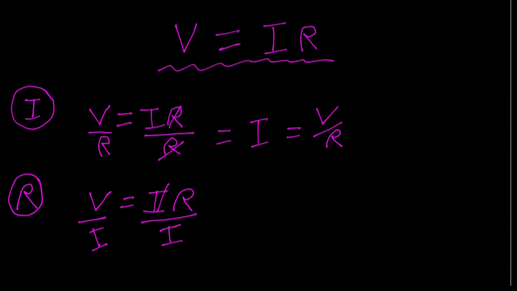So the current will cancel out on the right-hand side of the equation, and you're left with resistance equals voltage divided by the current. So you don't need to memorize 3 separate formulas. All you really need to memorize is Ohm's Law, voltage equals current multiplied by resistance, and you can derive the other values by simple algebraic manipulation of the equation.